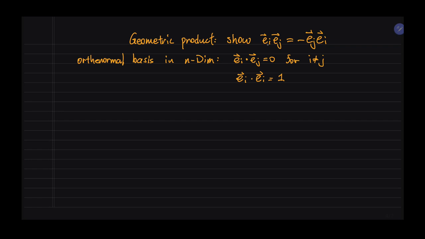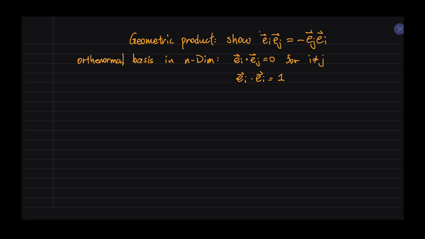So this means that when we have ei at 90 degrees with ej, ei geometric product to ej is equal to minus ej geometric product to ei.